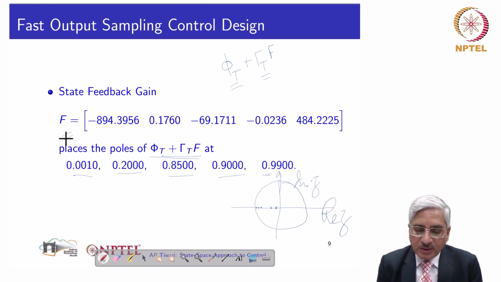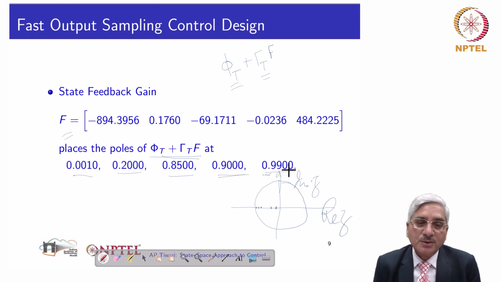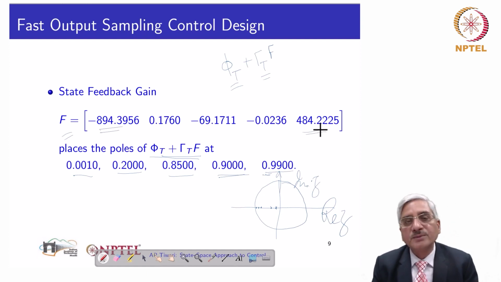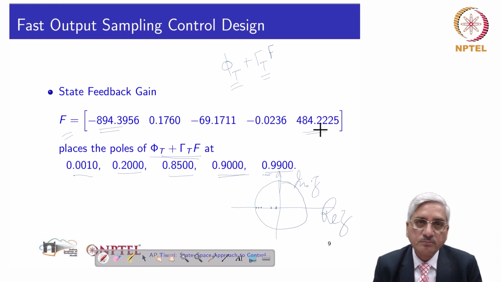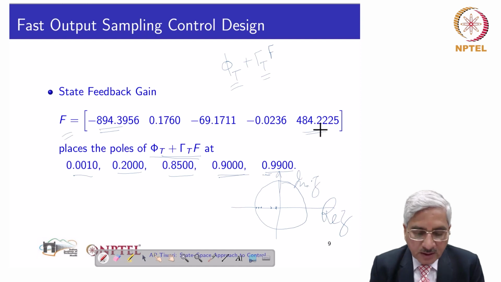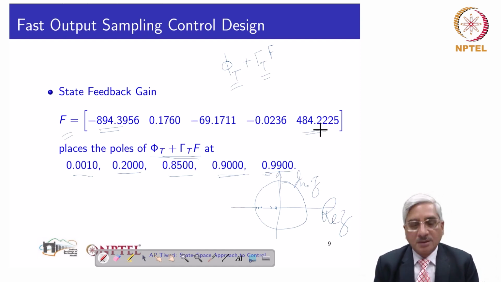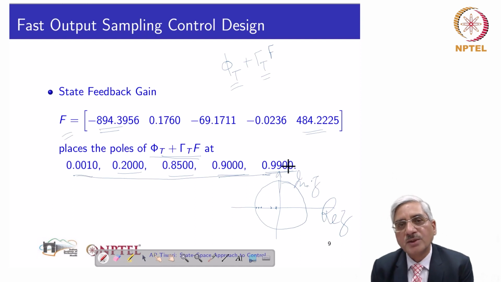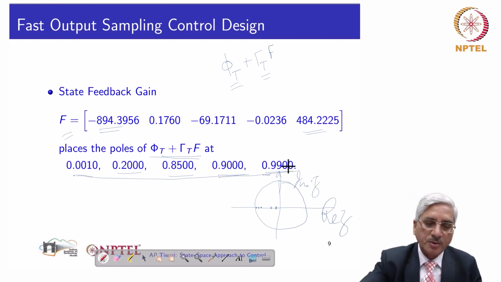Even though we have chosen this kind of pole locations which are very close to the unit circle, still you see two of the gains are very large. But then anyway we proceed with this F, which yields eigenvalues like this. All of them are real, so we then don't expect any overshoot, undershoot in the transient response.